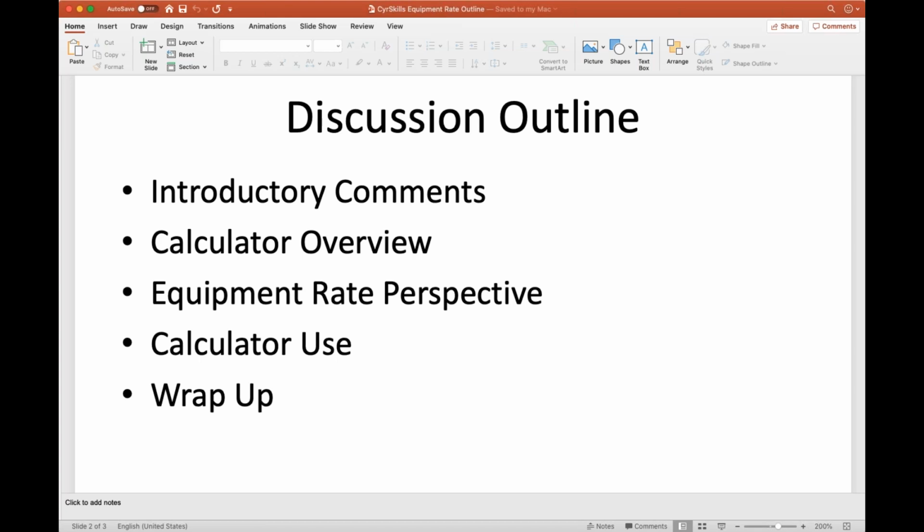I'll have some general introductory comments, just a brief overview of the structure of how the calculator is put together and how it works. And then I'll give a little bit of commentary on equipment rate perspective. And then we'll look a little bit deeper at the calculator and how it actually works.